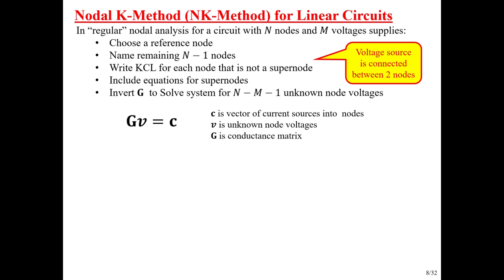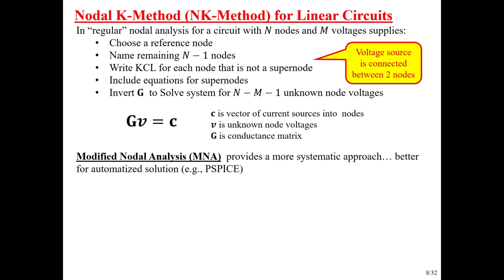That's the beauty of this approach. But it is difficult to handle capacitors and inductors in this setting. And it's also harder to write an automated computer program to convert a given circuit with capacitors and inductors using this standard or regular nodal analysis.